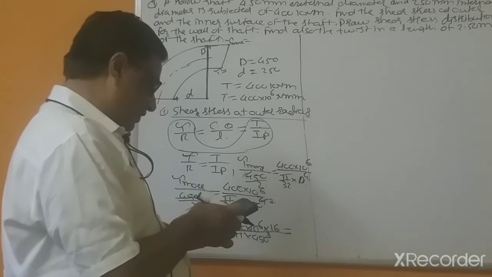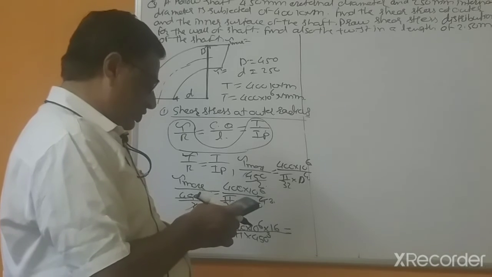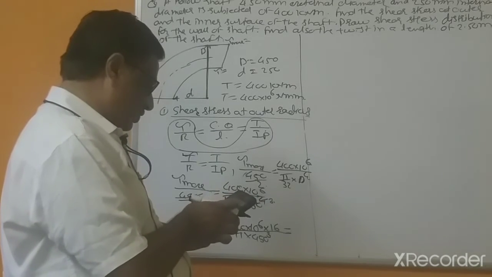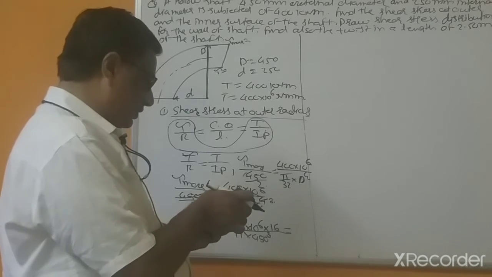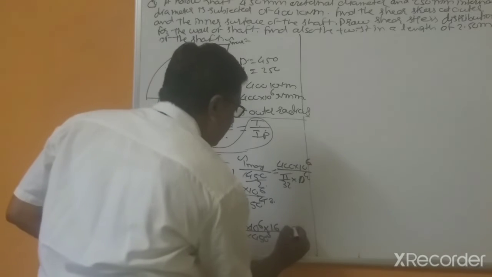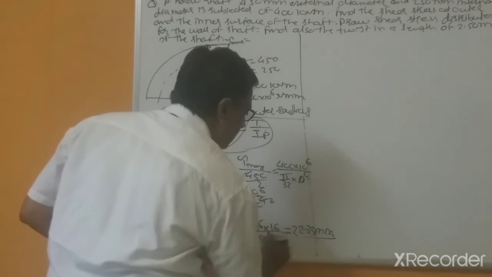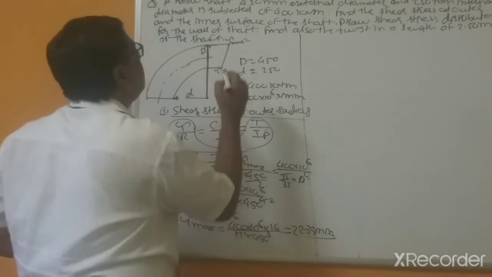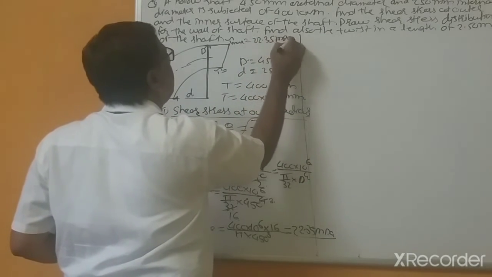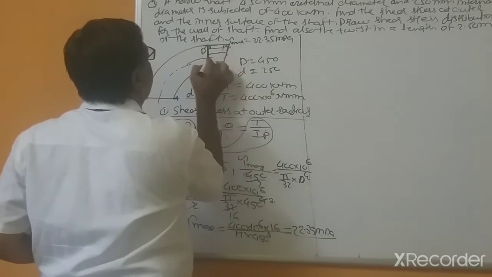Into 10 to the power 6 multiplied by 16 divided by pi divided by 450 cube. Now this is equal to 22.35 mega Pascal. So this is 22.35 mega Pascal, and this is maximum.